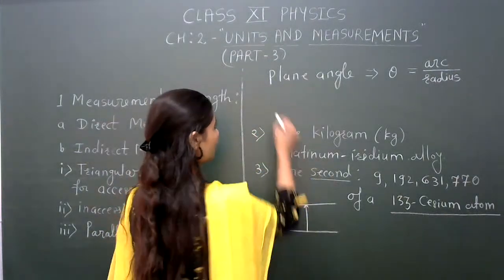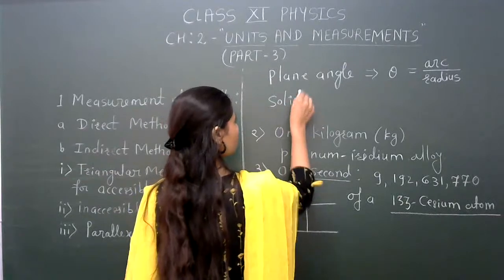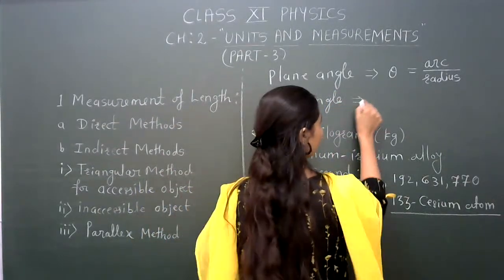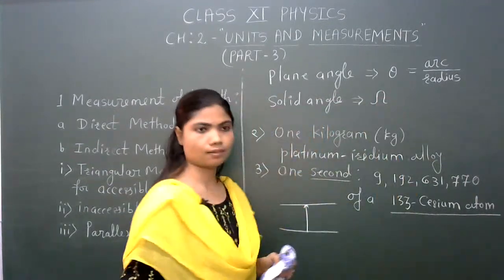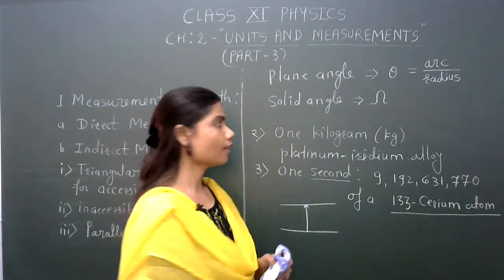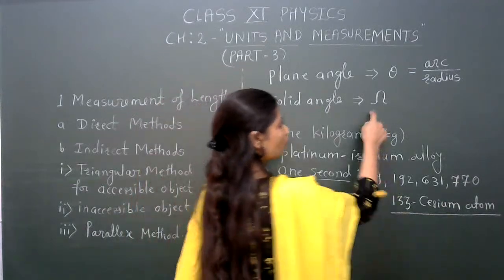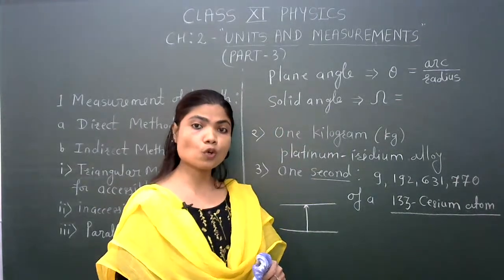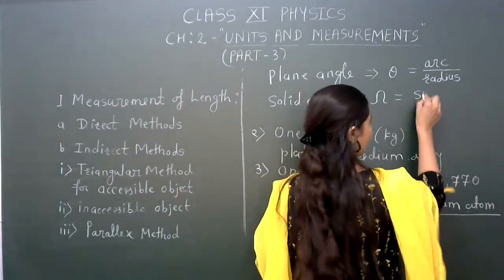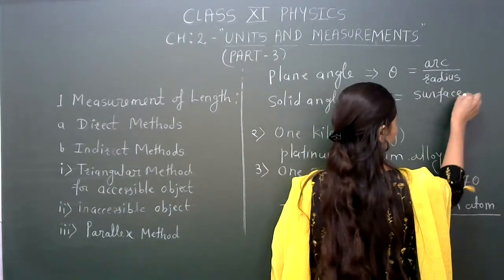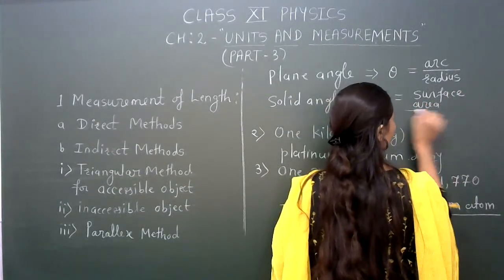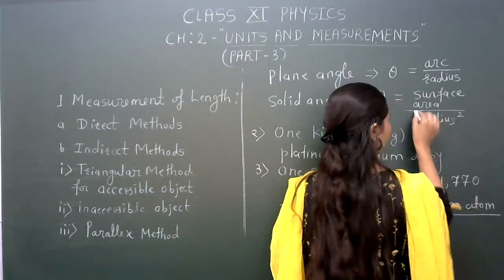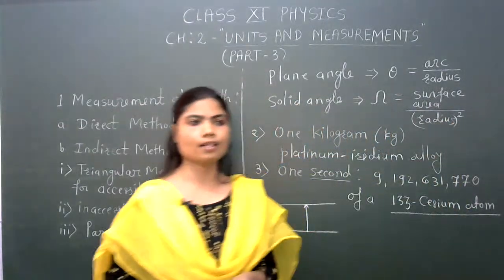And second is solid angle, denoted as omega. Yes, it is solid angle, denoted as omega and defined as the ratio of surface area upon the square of the radius, right?